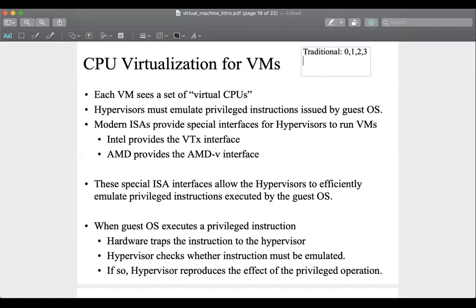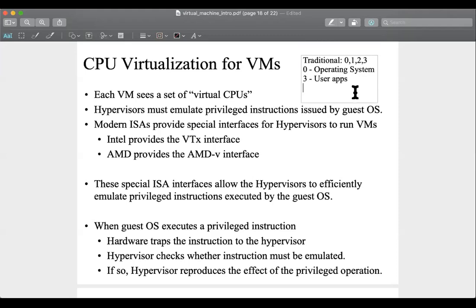Level 0 is where the operating system runs, and level 3 is where the user applications run. But now when we have a hypervisor, it is more privileged than the operating system.